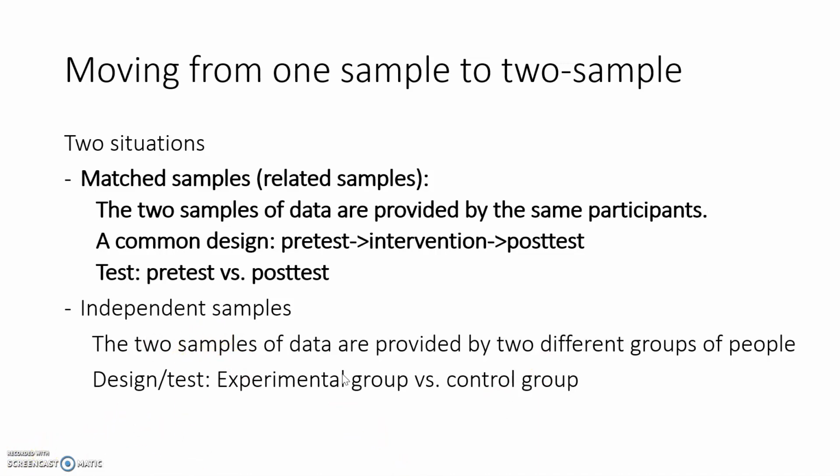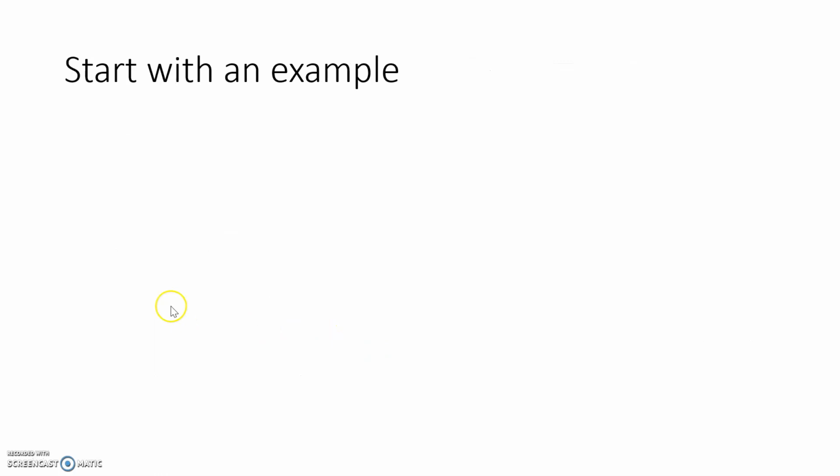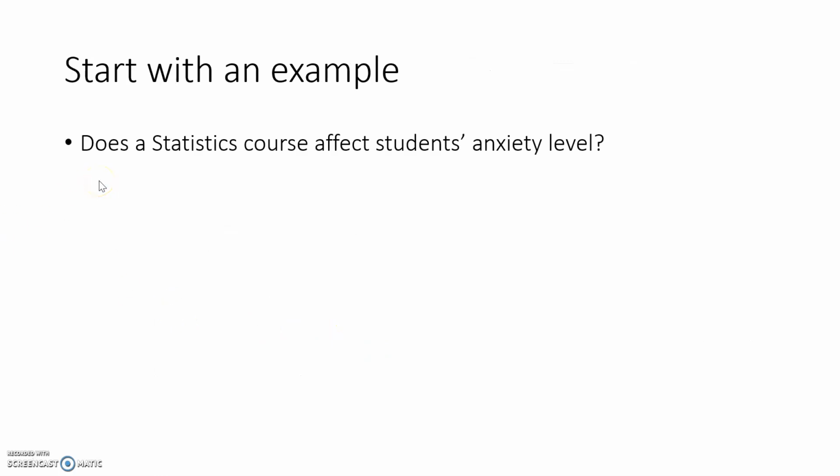So we're gonna start with a concrete example for this matched sample and repeated t-test. So let's say I'm such a nerdy instructor and I really want to know whether my statistics class would affect my students' anxiety levels, right?